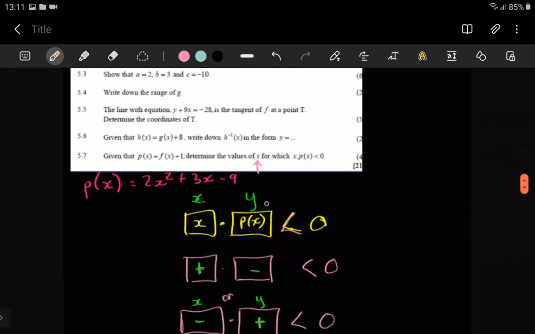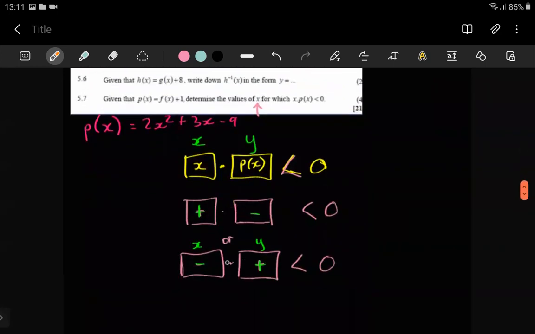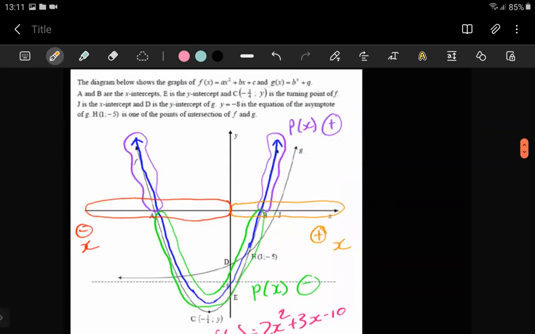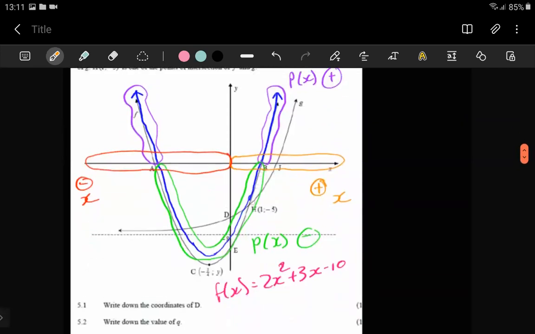Now you can see we just want where we have a mixture of the two happening at the same time. We want cases where we have negative x values while having positive y values, or negative y values while having positive x values. If you look at your picture, here in the green part we have negative x values.